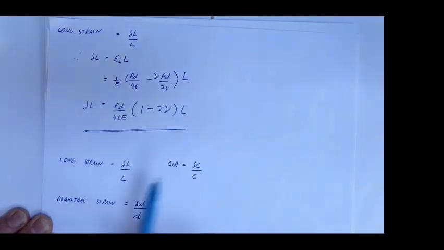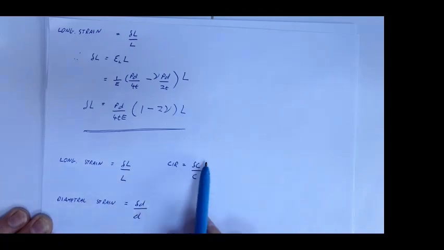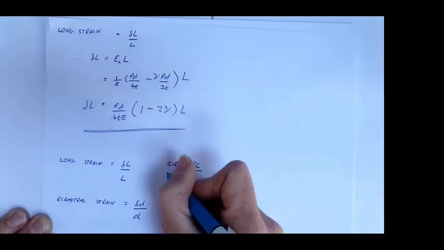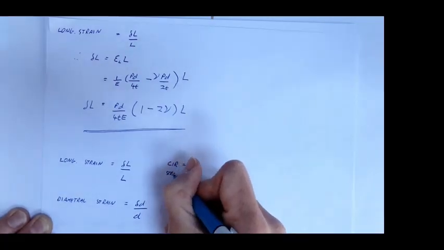Okay, so when we're talking about strain, we need to consider the direction that we're considering the strain in. Is it in the longitudinal direction, change in length over original length? Is it in the diameter direction, change in diameter over original diameter? Or is it in the circumferential direction, change in circumference over original circumference? Okay, so longitudinal strain, diametral strain, circumferential strain. Let's think about those definitions.